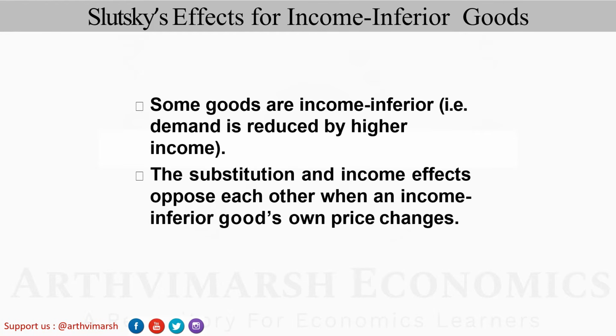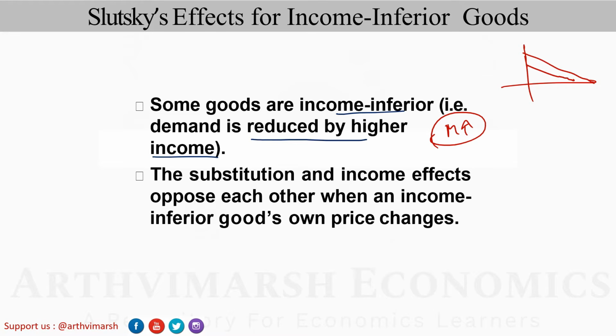Now the Slutsky effect for income, specifically considering the case of an inferior good. We know how the behavior is going to be for an inferior good when prices change. What happens when goods are income inferior? That is, demand is reduced by higher income. As your income goes up, as your M goes up, or let us say this was your initial budget, and the new budget is here, your consumption of an inferior good is going to go down.